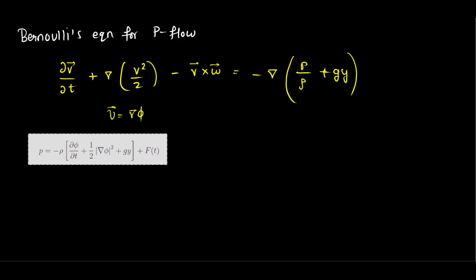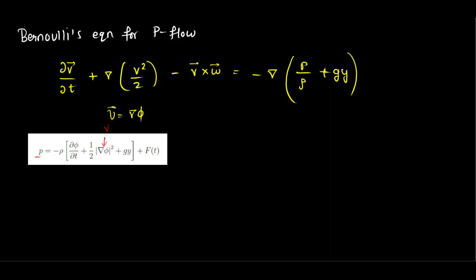So pressure equals minus rho times del phi by del t plus half modulus of the velocity, which is the gradient of the velocity potential, squared, plus gy, plus f of t. So this is similar to what we had seen earlier. It is the tag of the streamline.